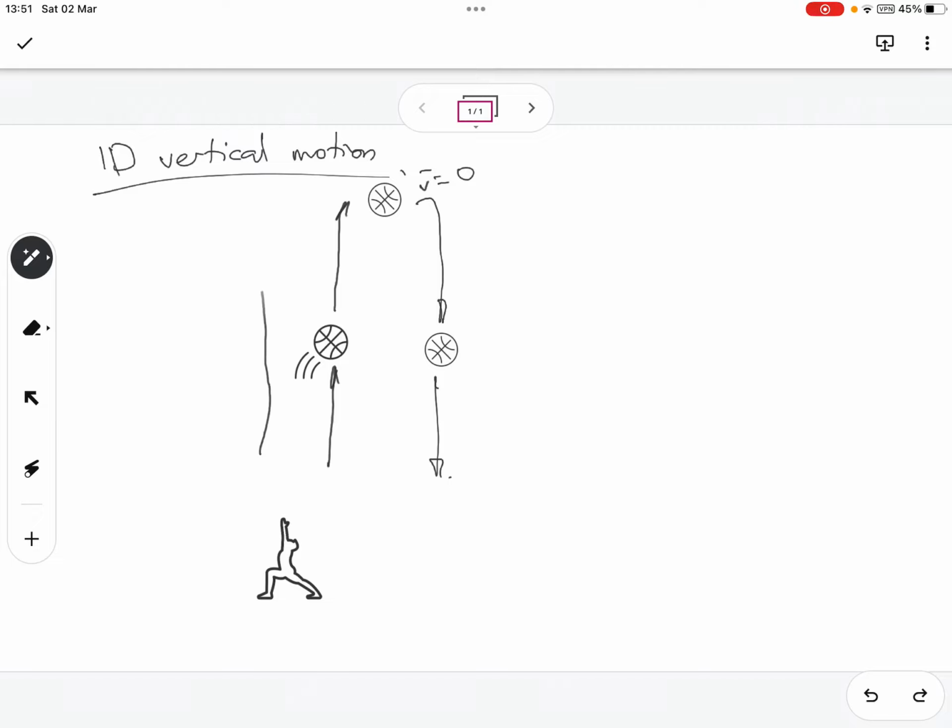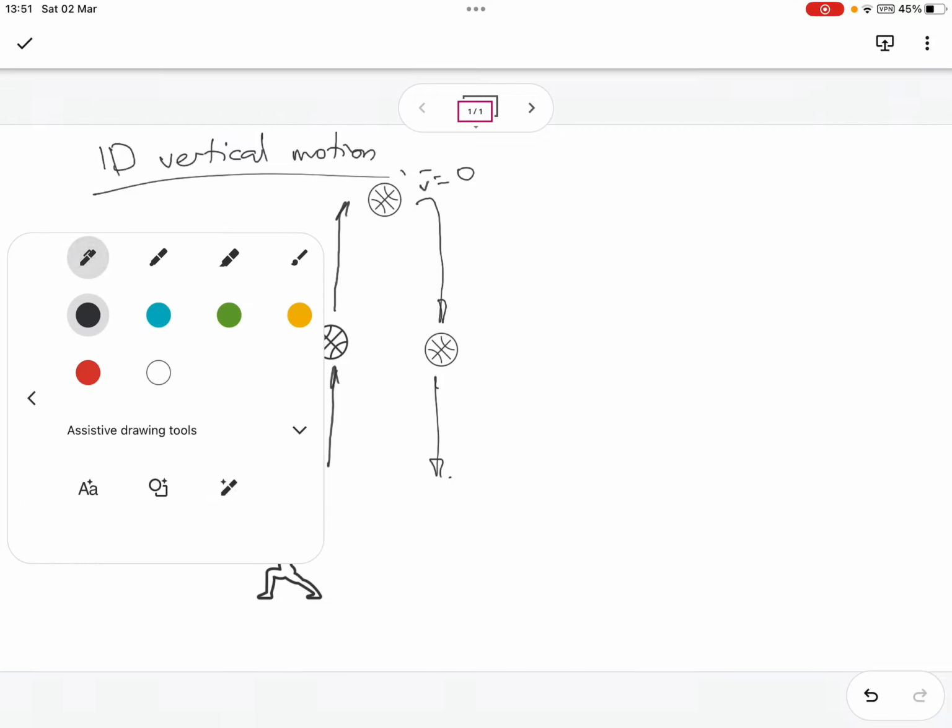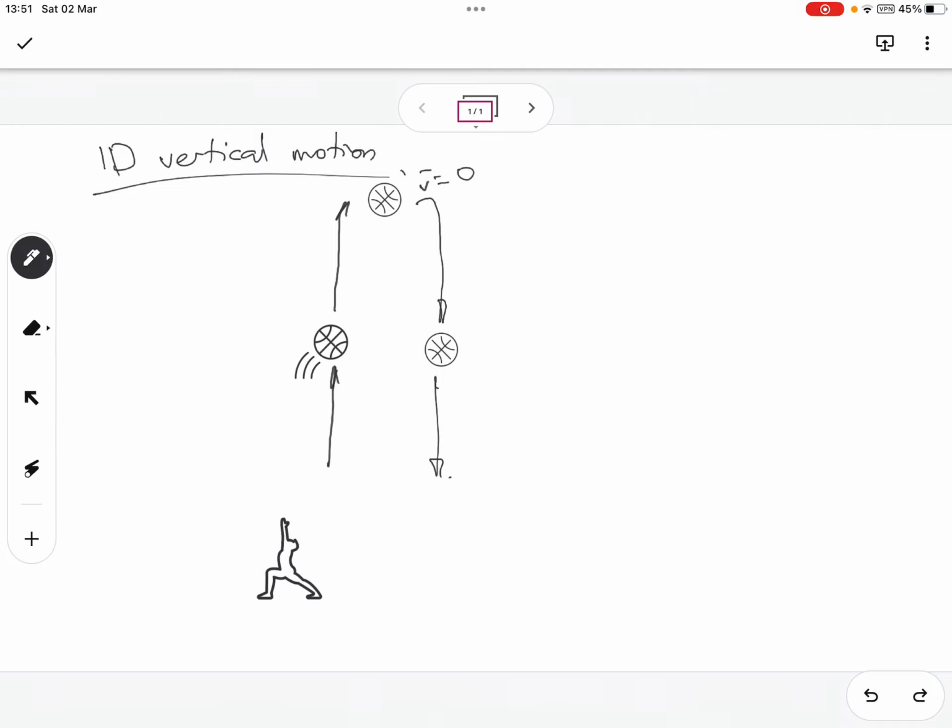So our guy is throwing the ball up like this. After it goes, it carries some speed with it, some momentum. Then it hits a certain peak. At that peak, it stops moving, it stops speeding, and then it changes direction. After it changes direction, it starts to fall back to the floor.